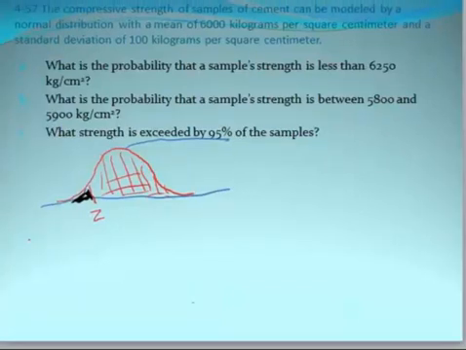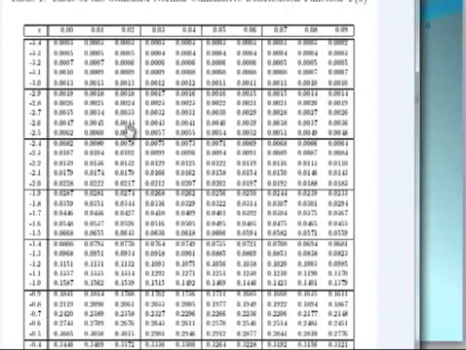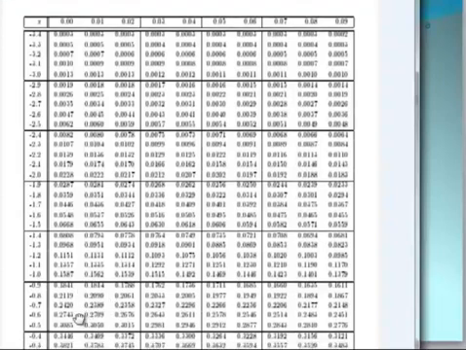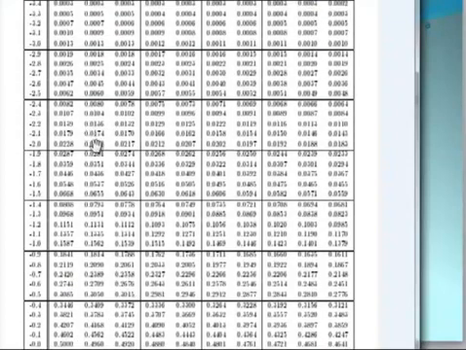So let's go look that up. Here we go. So I'll bring this over here so you can see. What area inside here is going to be affiliated with a z value? And that area has to be 0.05. So first let's find 0.05. Should be right around here.